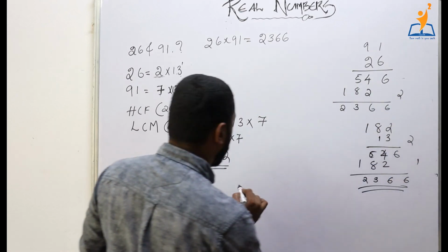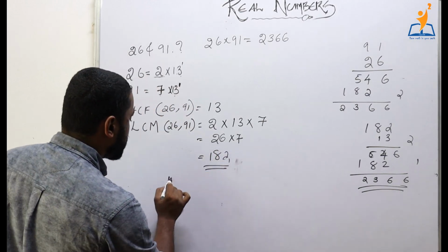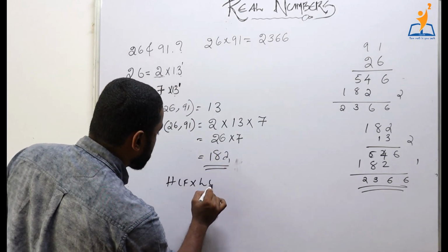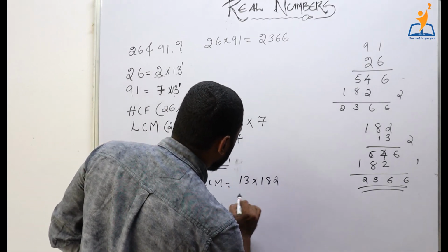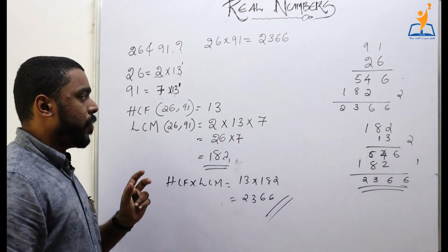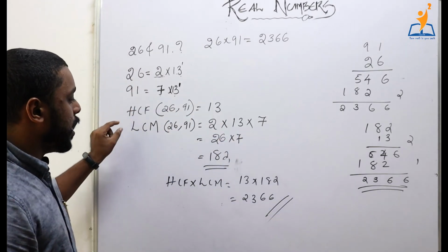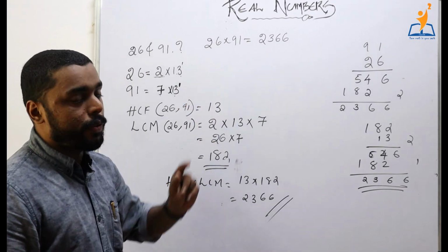So HCF into LCM is equal to 13 into 182, which is equal to 2366. Hence we verified that HCF into LCM will always be equal to the product of those two numbers.